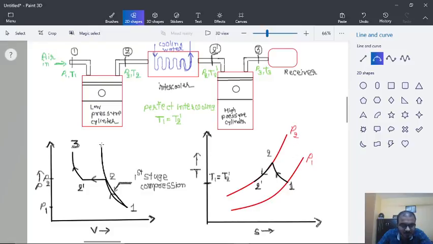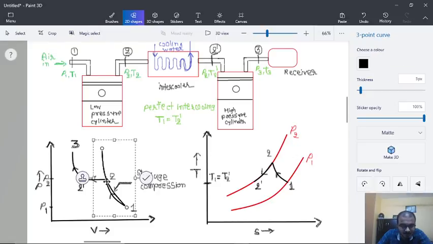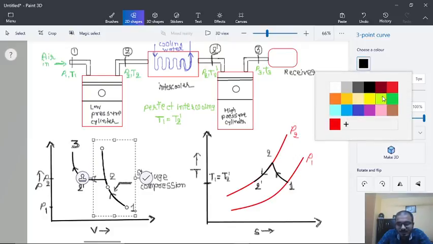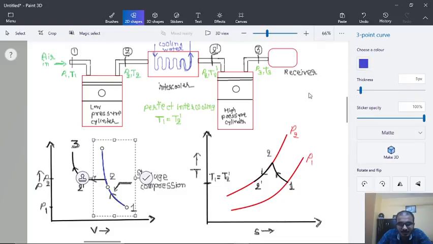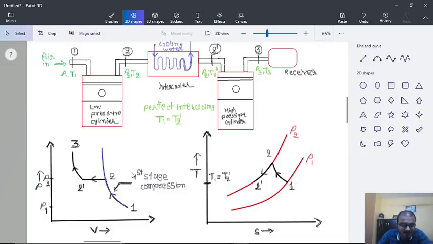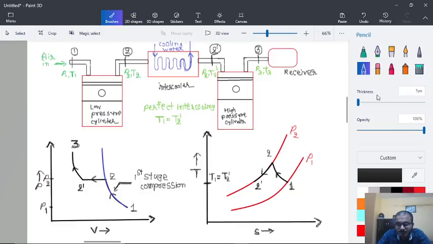We will also see what happens when we have a complete compression in a single stage, like this. This curve shows that if we had a single stage compression, then it would have gone in this way. Let us first finish a few previous things.